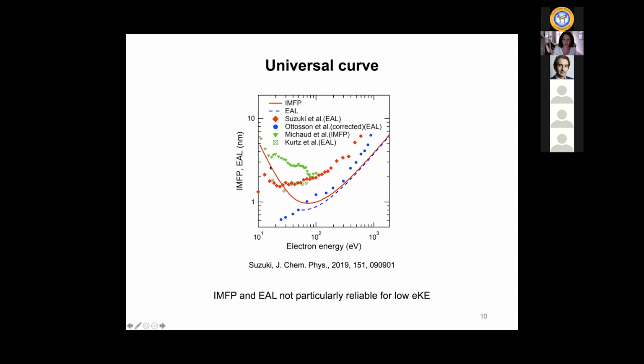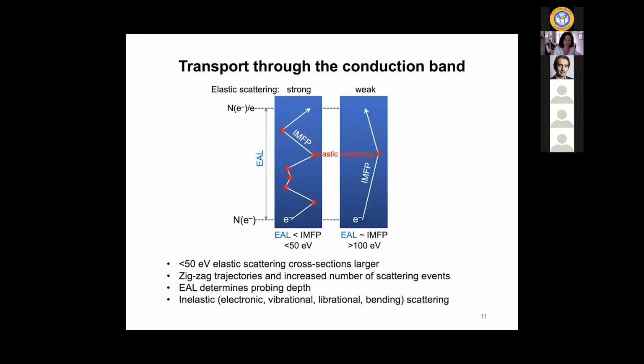So one might then think that the inelastic mean-free path might be longer for low kinetic energy electrons, but this isn't the case. And one might also pay attention to the fact that all these different theories and measurements are quite different in this region. The inelastic mean-free path and the electron attenuation length are really not very reliable for low kinetic energy electrons.